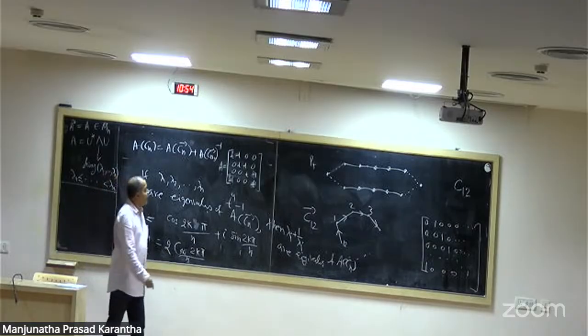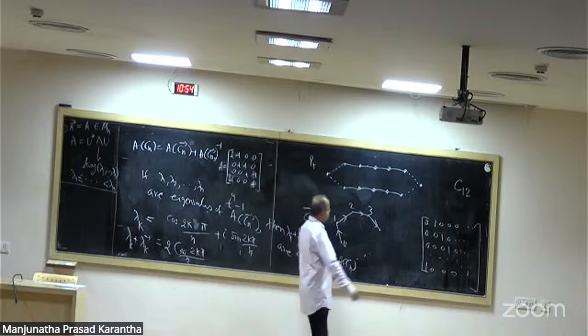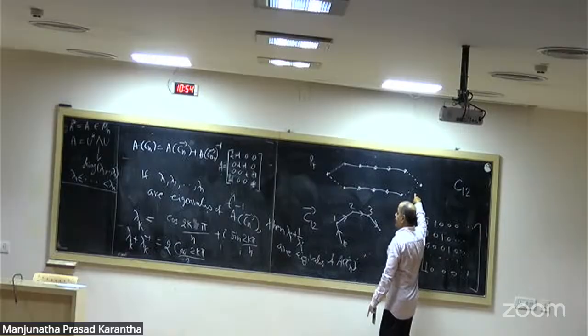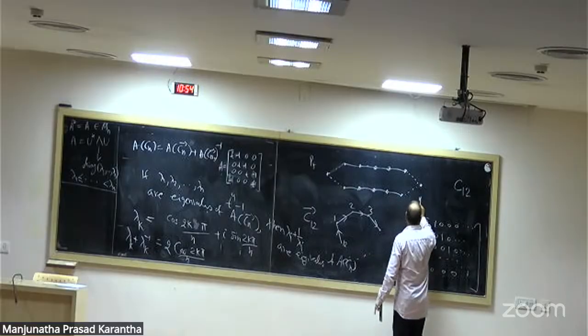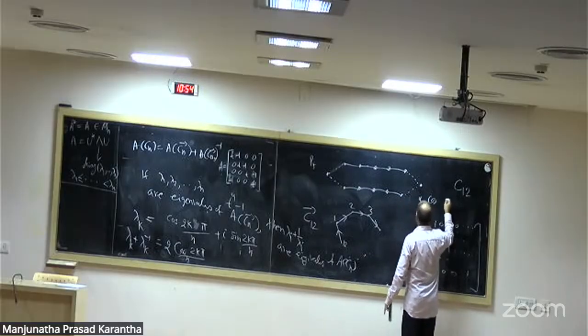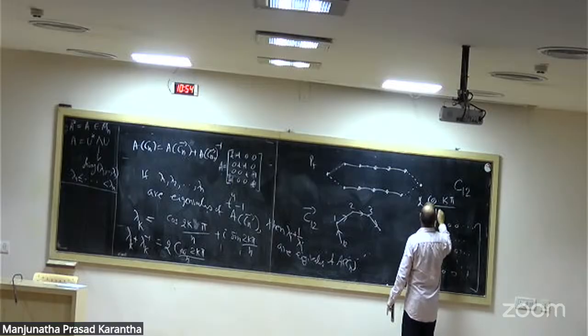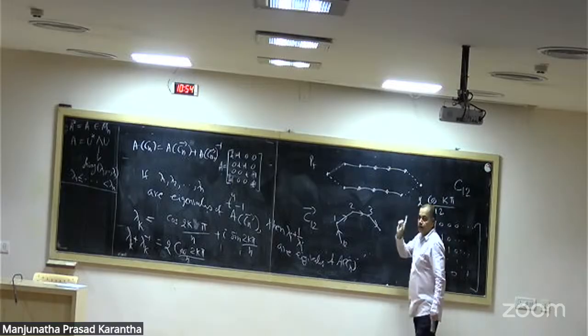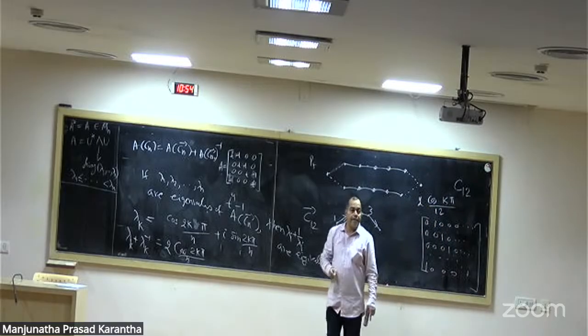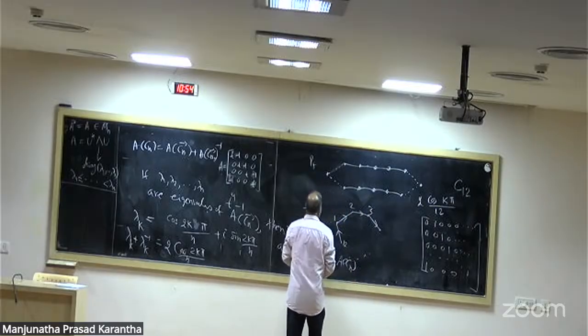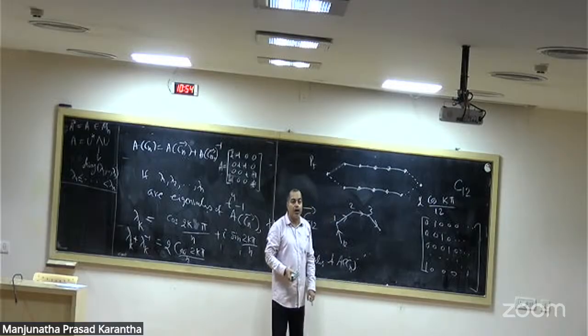So you have evaluated this. What are the eigenvalues over here? Twice cos of the angle, 2 pi k by n.